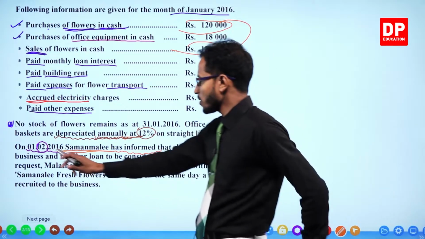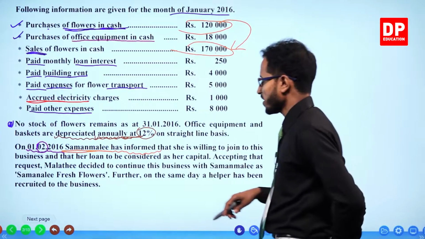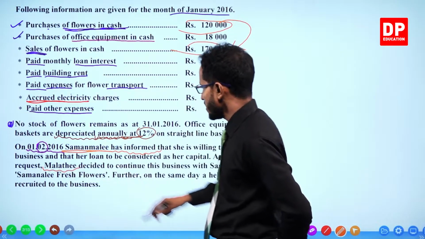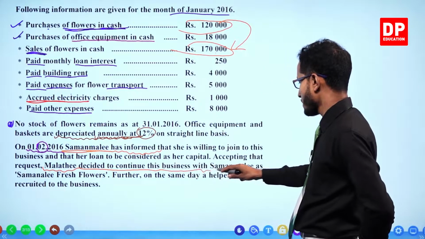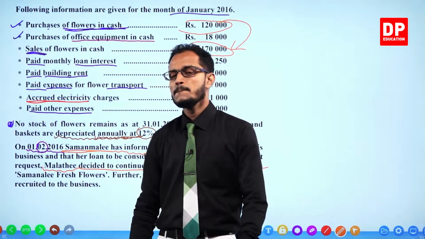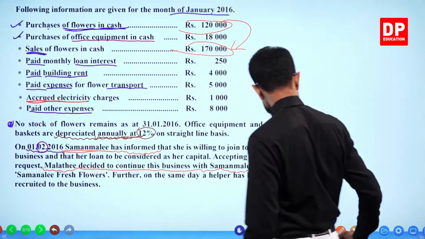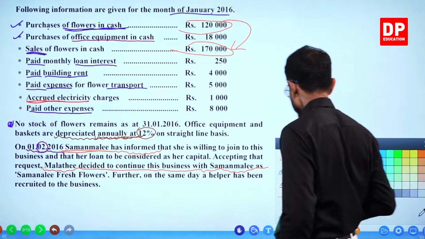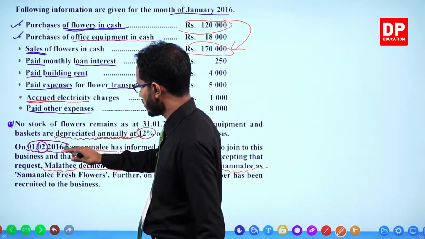Accepting that request, Malati decided to continue this business with Samanmali. Right now, Malati's business is converted into a partnership right here on this date. Okay.